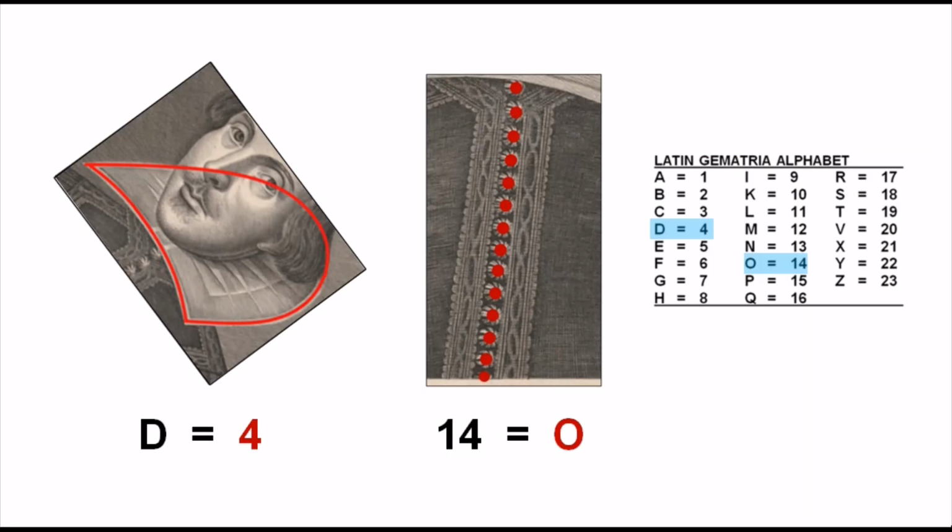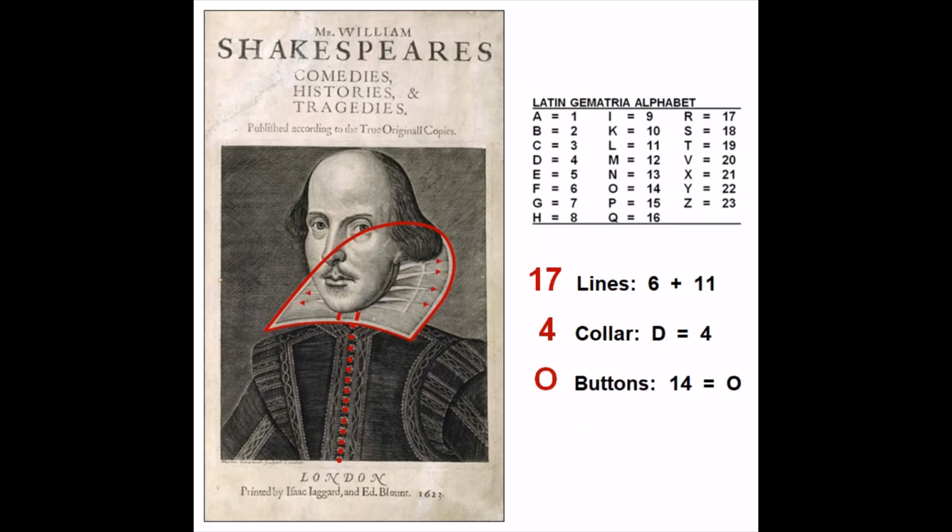The collar or blade has a wide highlight around it, suggesting the shape of a letter D, and below the collar or handle are a total of 14 buttons. D has a gematria value of 4, and 14 is equivalent to the letter O. Altogether, this spade shape made by the collar and buttons is comprised of 17 lines, a letter D, and 14 buttons, or 1740.